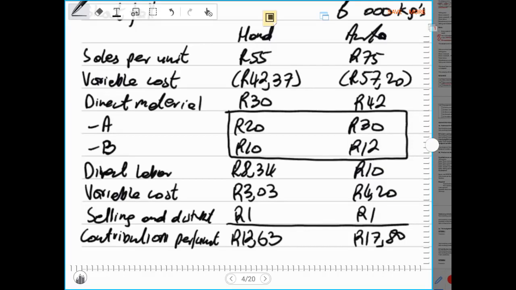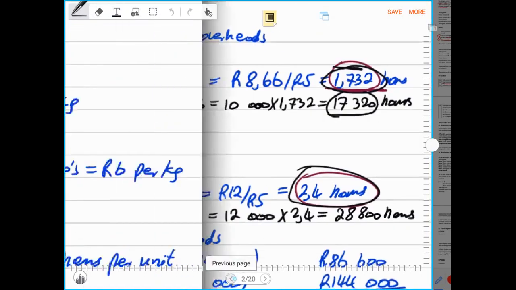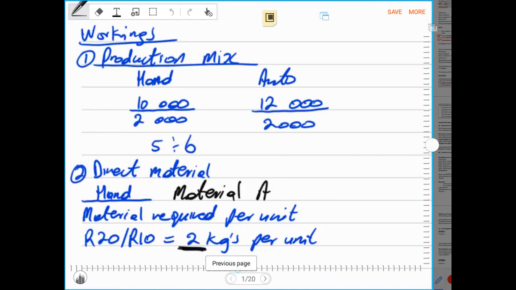Remember, what is our limiting factor? Our limiting factor is kgs of material. So we divide by kgs per unit. That's what we divide with. We know that hand washing powder requires 2 kgs per unit. Let's just go and confirm that.